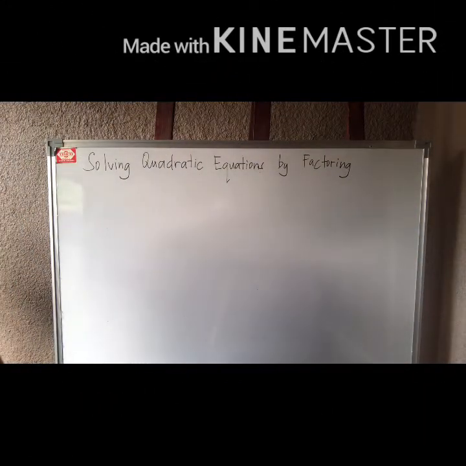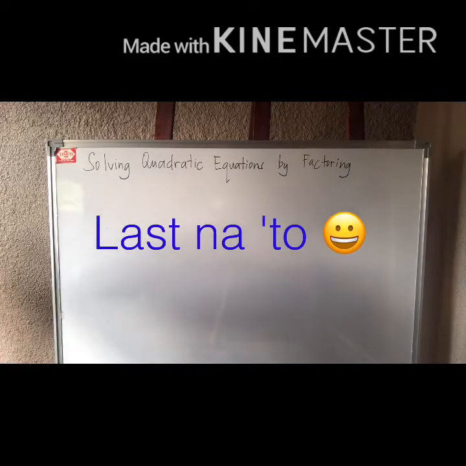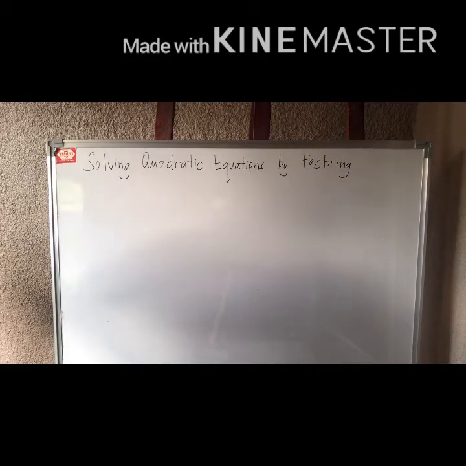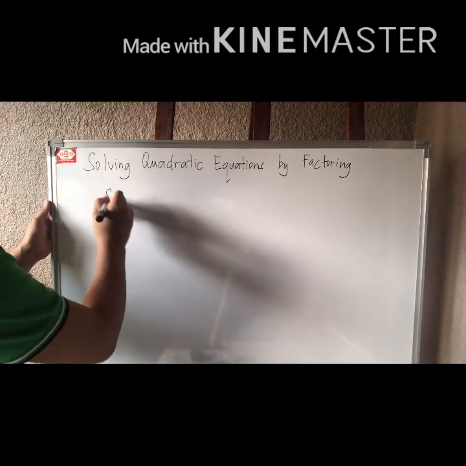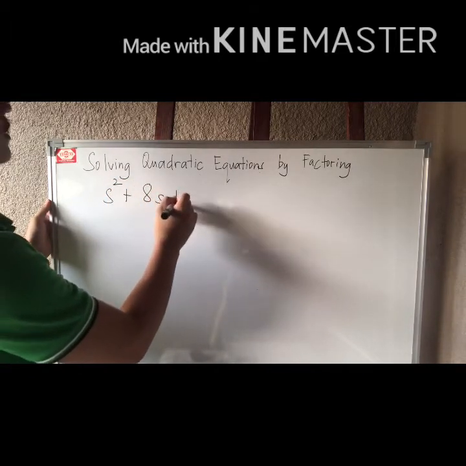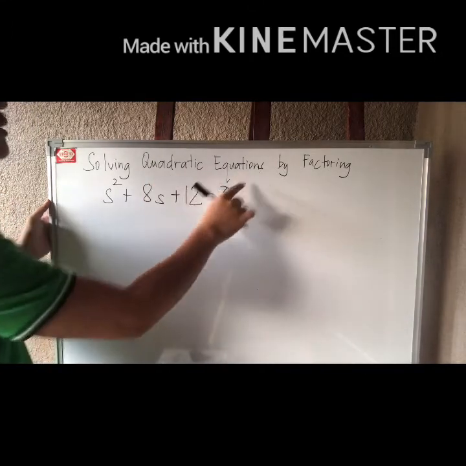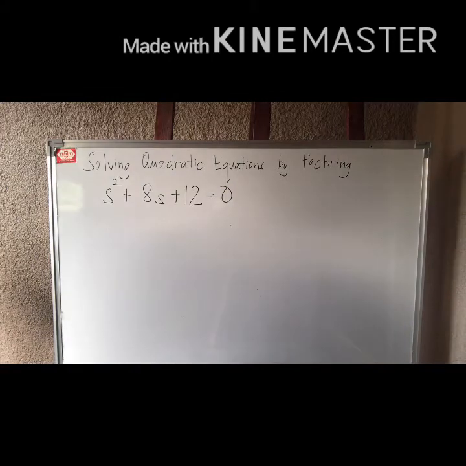Okay, next example. So we're going to use the same example from the factoring of polynomials. That is s squared plus 8s plus 12. Just equate it to 0 to make it a quadratic equation.